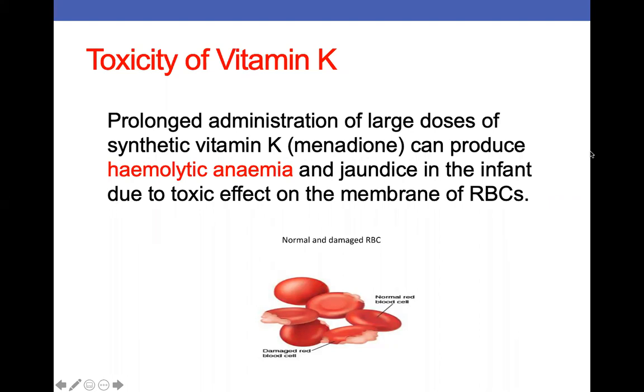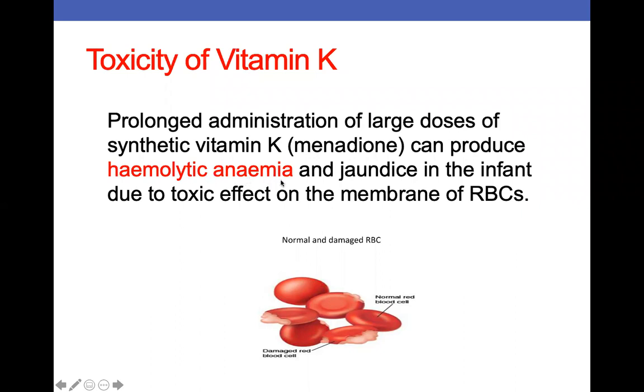Instead, with vitamin K toxicity, I'm going to damage my red blood cells. Literally, the vitamin K itself is going to damage the red blood cells. And because of that, I'm going to get this condition called hemolytic anemia. From the name, you can guess: heme, red blood cells, lytic, breakdown, anemia just means low red blood cell count.